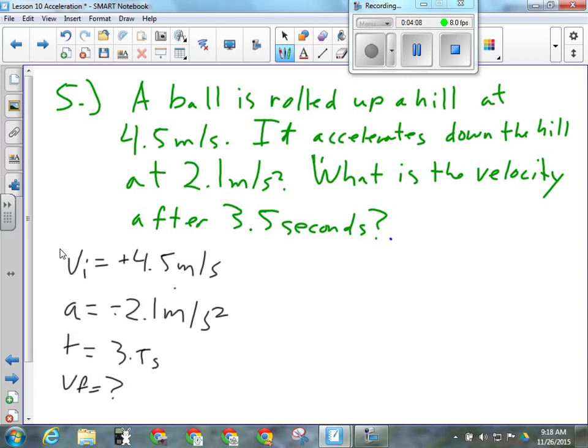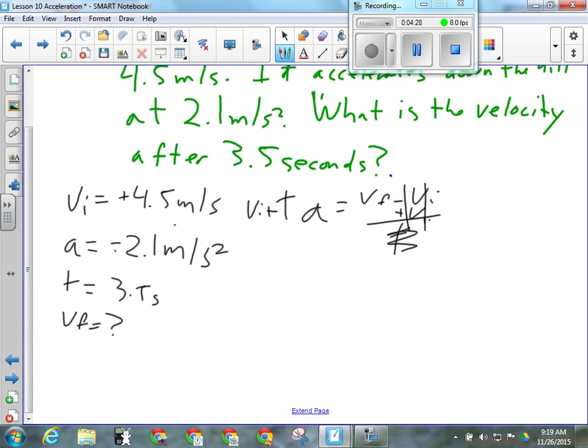All right. So we've got a equals vf minus vi over t, and we're solving for vf. So we multiply both sides by t, and then we add vi to both sides, and we've got vf. Ringing a bell from yesterday? So we've got positive 4.5 plus 3.5 times negative 2.1.